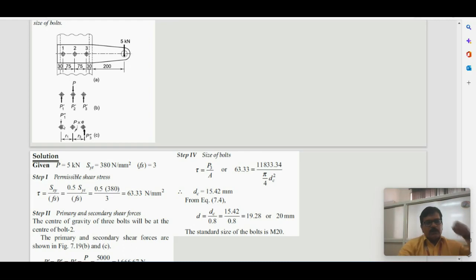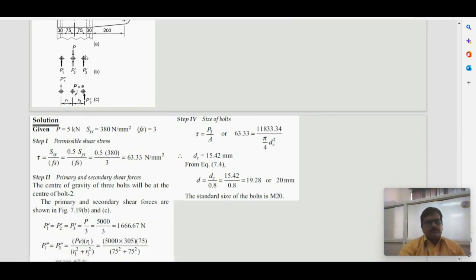So in the first bolt the primary is downward and the secondary is upward, whereas on the second bolt the primary is downward and the secondary is non-existing because its radial distance from the centroid is 0, and on the third both are in the downward direction. So it is understood that bolt number 3 will be subjected to the greater resultant stress.